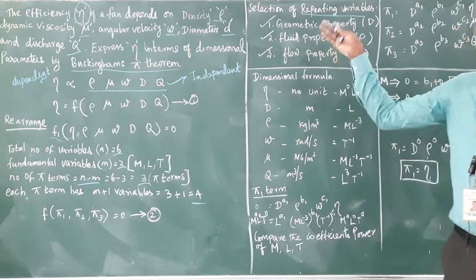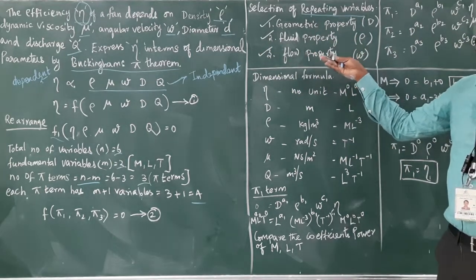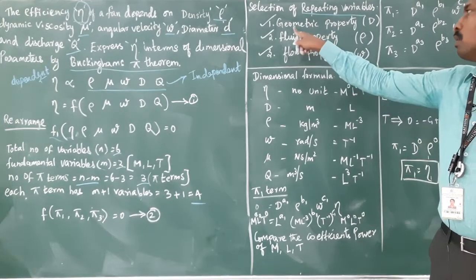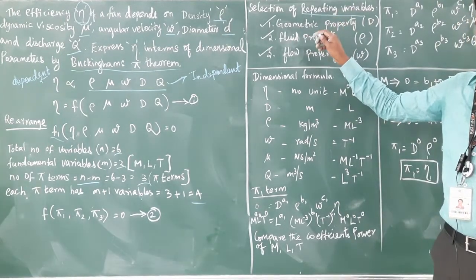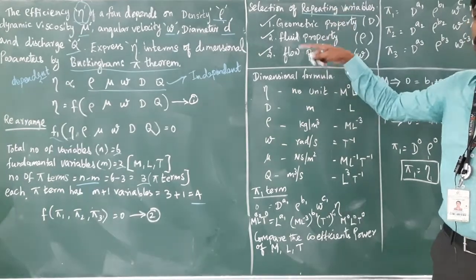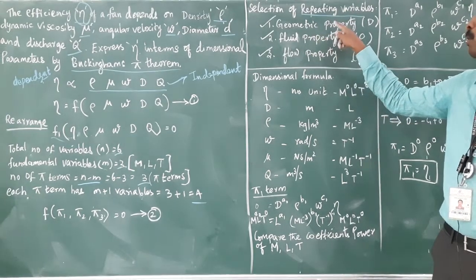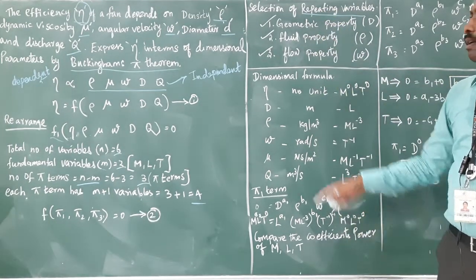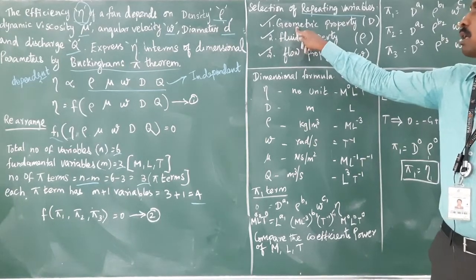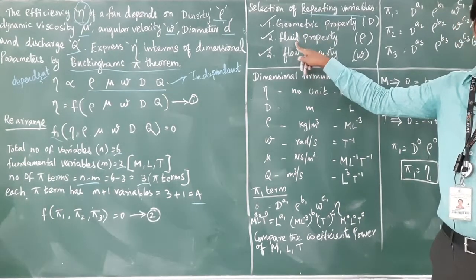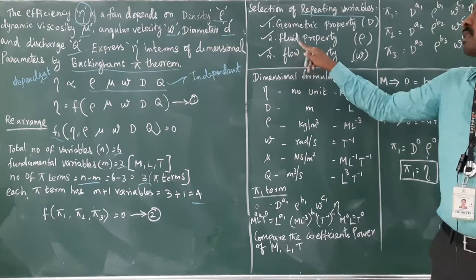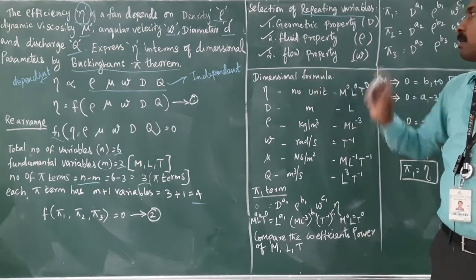This order may change due to problem. So in all the Buckingham's pi theorem problem we need to select 3 properties over there. First is geometric property, second is fluid property and third is flow property.